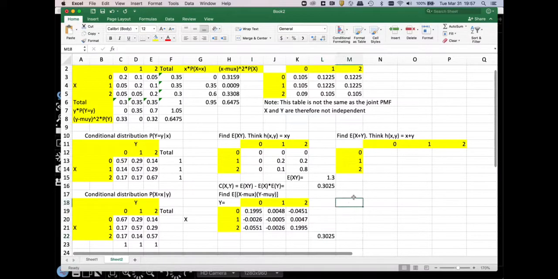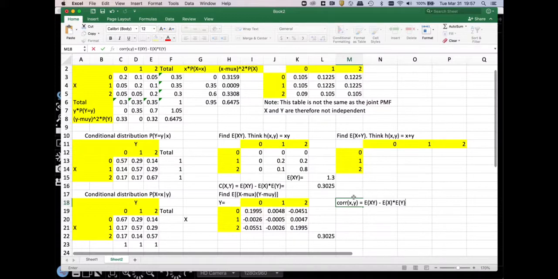Or what I could do is use the formula that we just went through. This is going to be the expectation of x times y minus E of x times E of y.